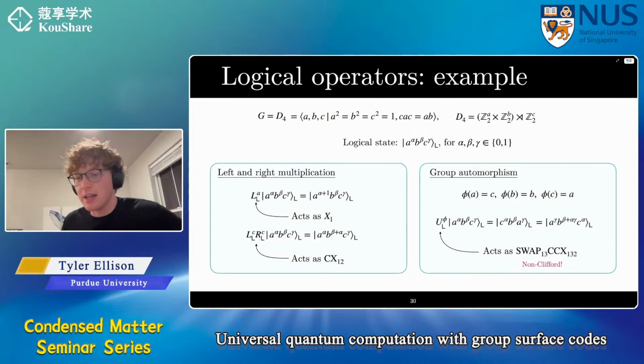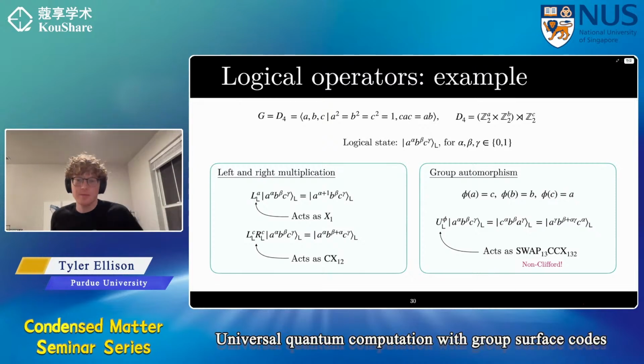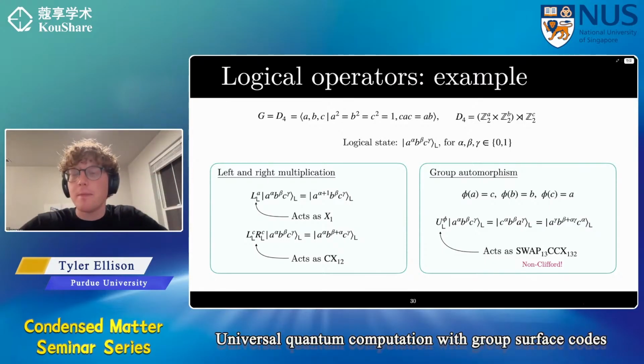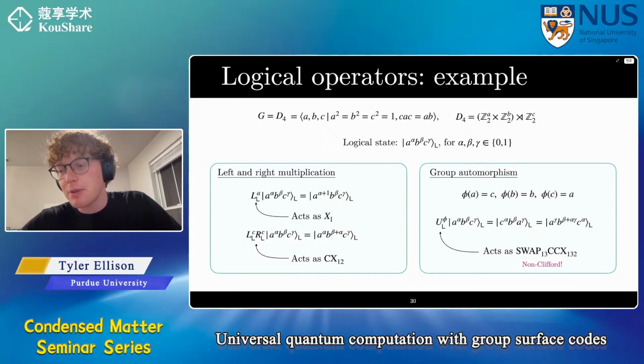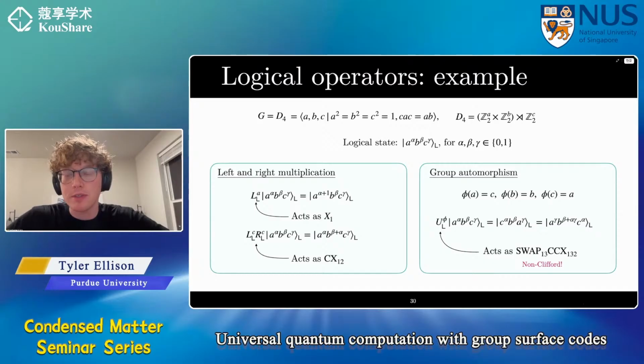And the only really non-trivial relation here is that if I conjugate A by C, it produces a B.